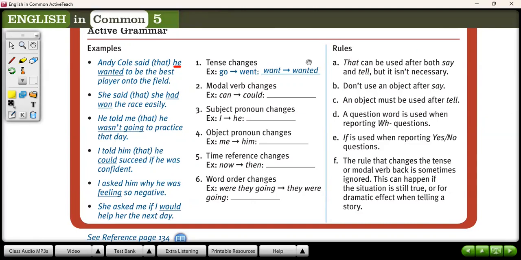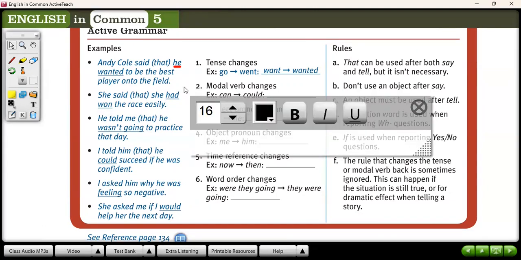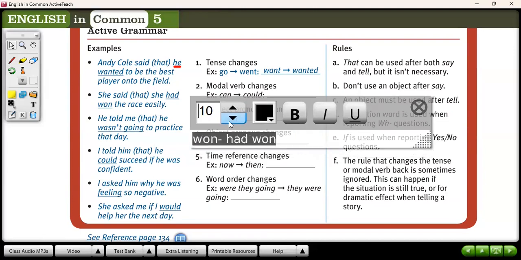But we have other examples here in these sentences. For example, we saw that when reporting something in the simple past, we need to go to the past perfect. So for example, won in the simple past, in the reporting speech goes to the past perfect, had won. It's another example.